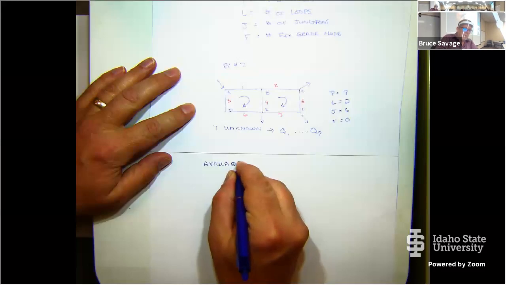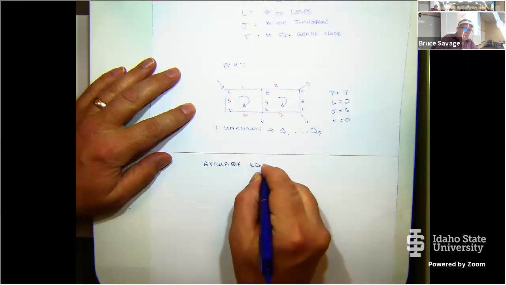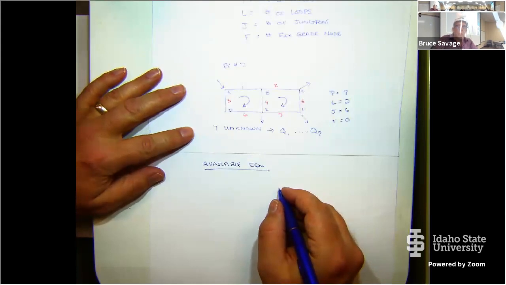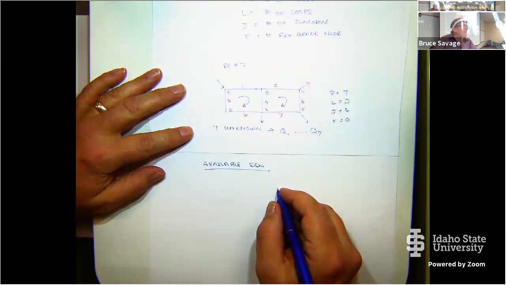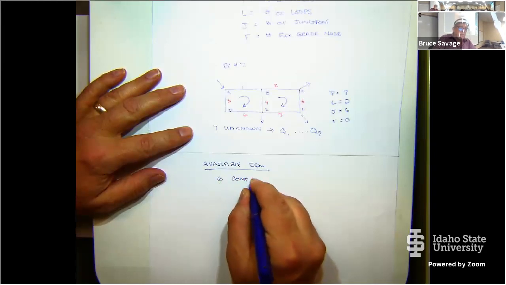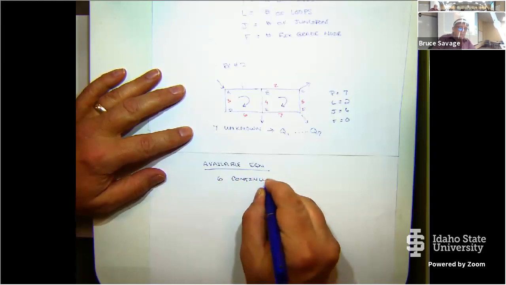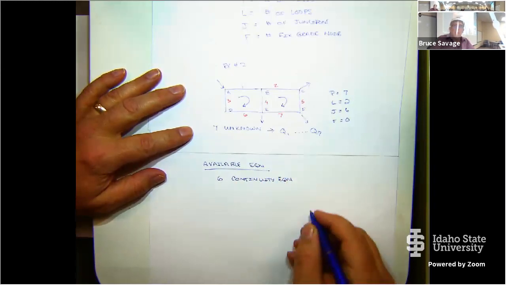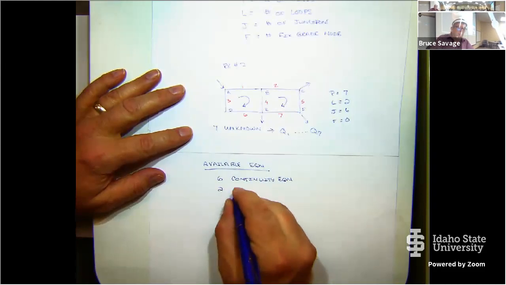What do I have at each one of those junctions? Flow in and flow out. So I have continuity at every single one of those junctions. So I have 6 continuity equations, and I have 2 loop equations.